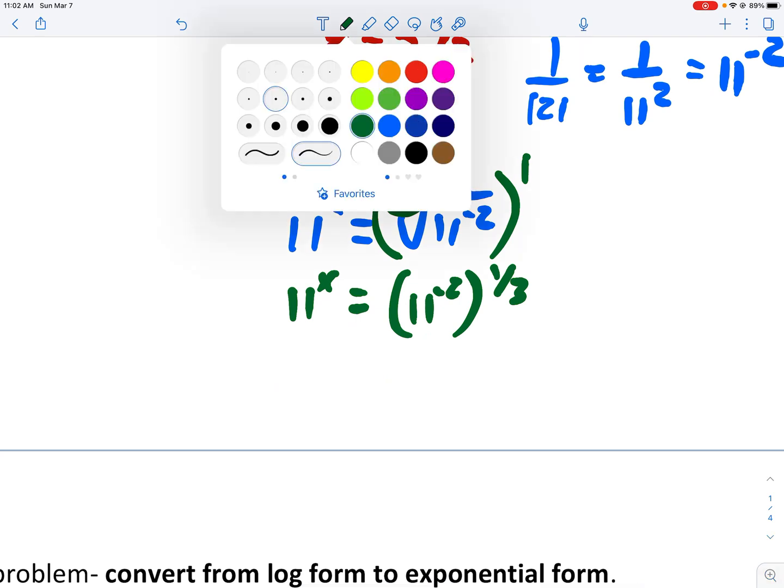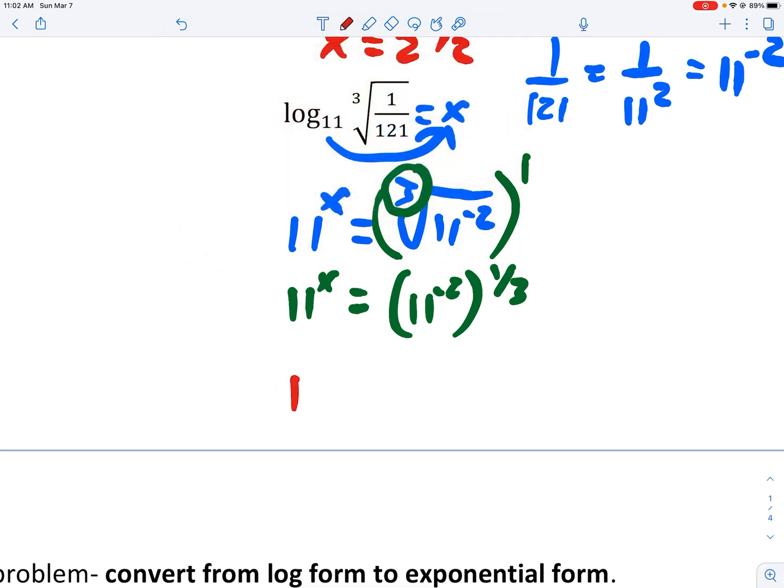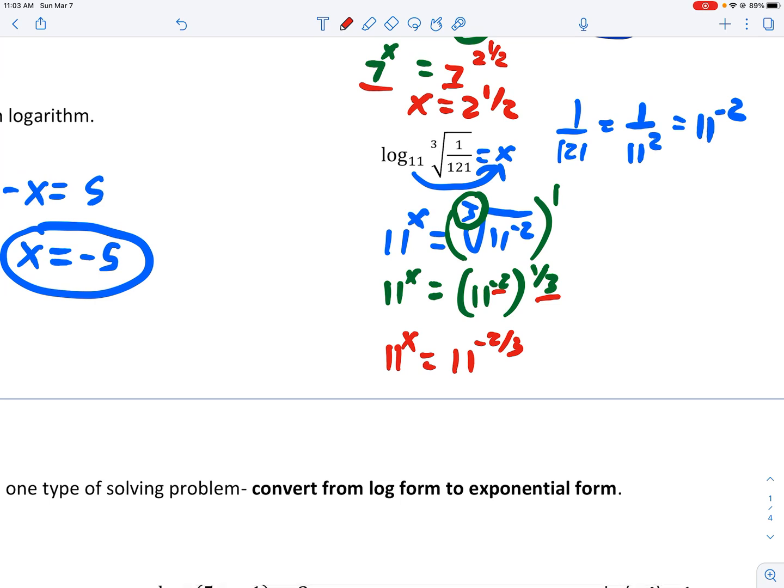So now you have a power raised to a power. So again, the 11 to the x is just coming along for the ride right now. Power to a power, you multiply. So that'd be negative 2/3. So now the bases are the same. Drop the bases. So x equals negative 2/3. And solve for x, but x is already solved for. So x equals negative 2/3.